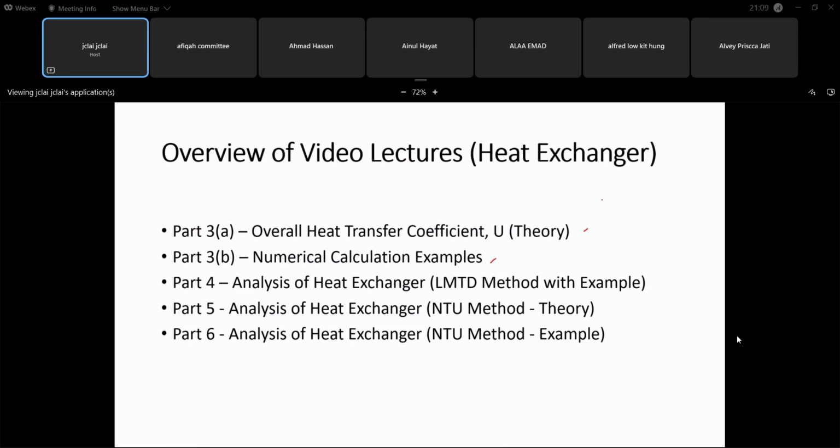exchanger. So in part 1, part 2, you were given an introduction regarding different types of heat exchanger, right? How does it look like? Some of you, this is not something new to you because during your first semester in engineering drawing, you were given a project.